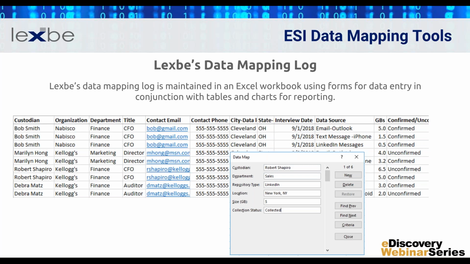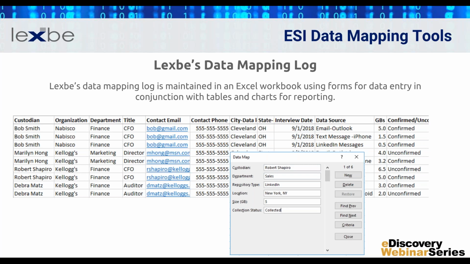Could include cloud, any of the sources that are out there, Skype. They would all be individual data sources. Then these would be mapped out on a record by record, row by row basis in a form as we have here, and then you can get the status of if it's been confirmed, collected, and then you can build your reports out of that.